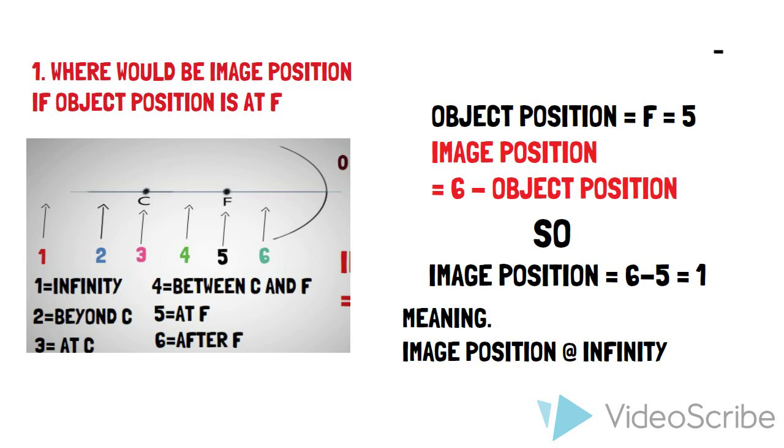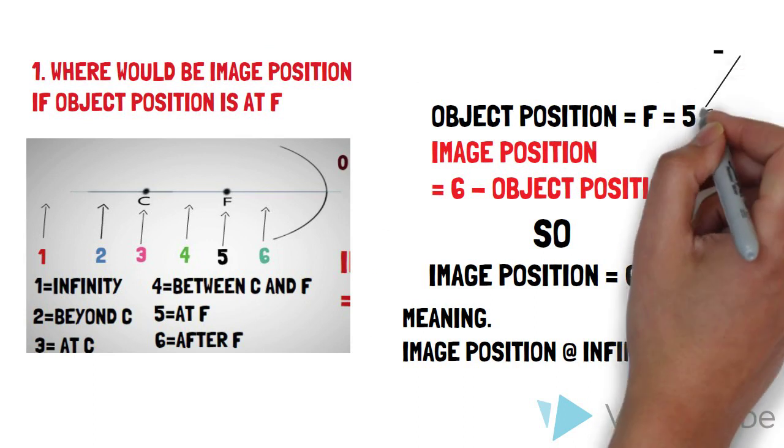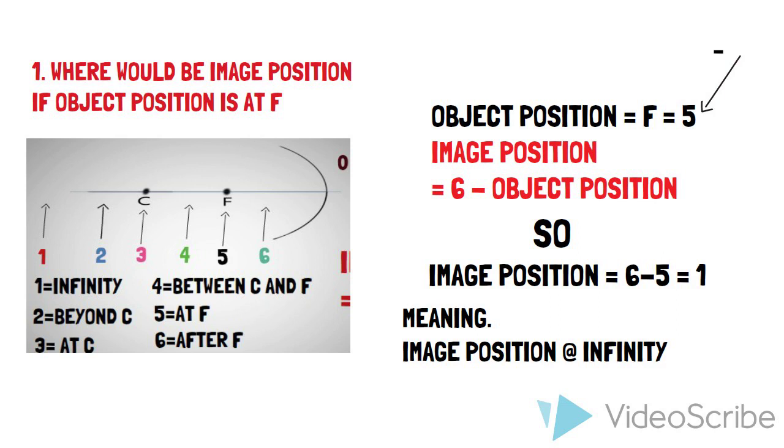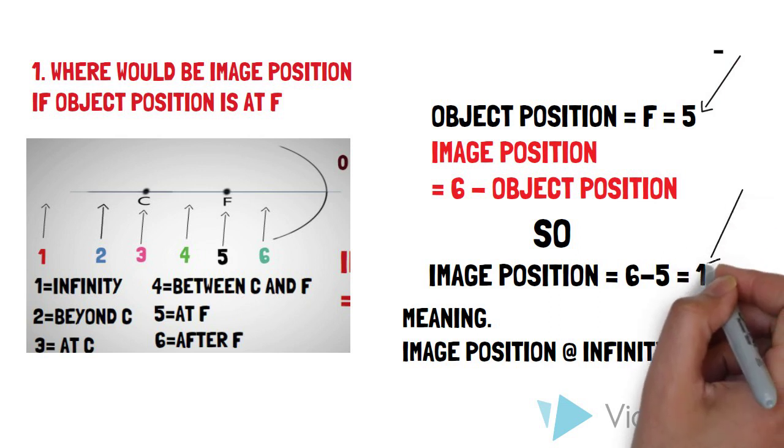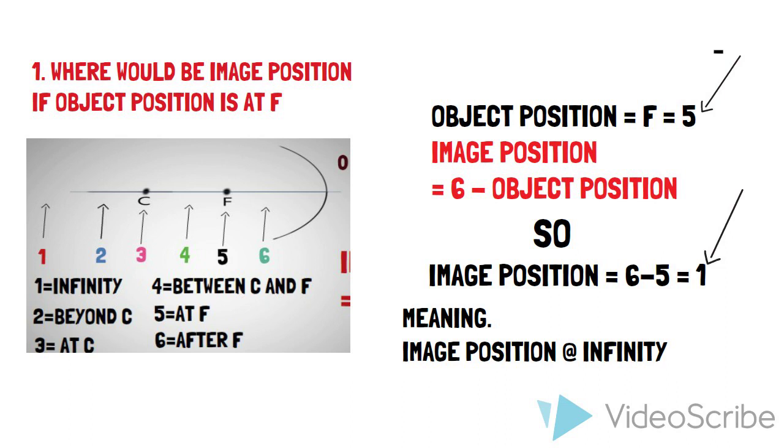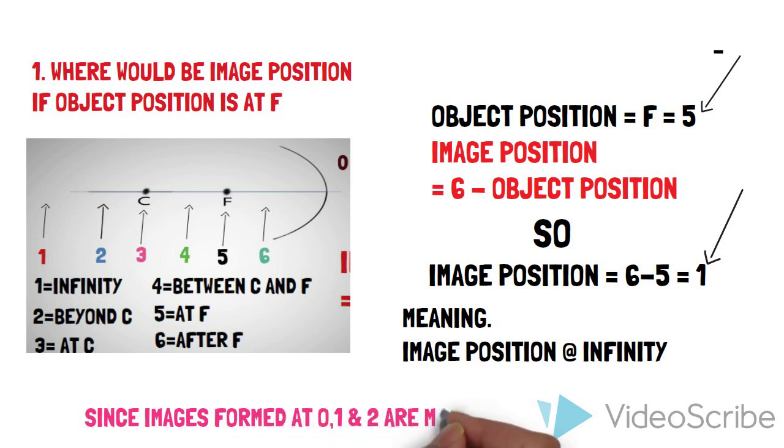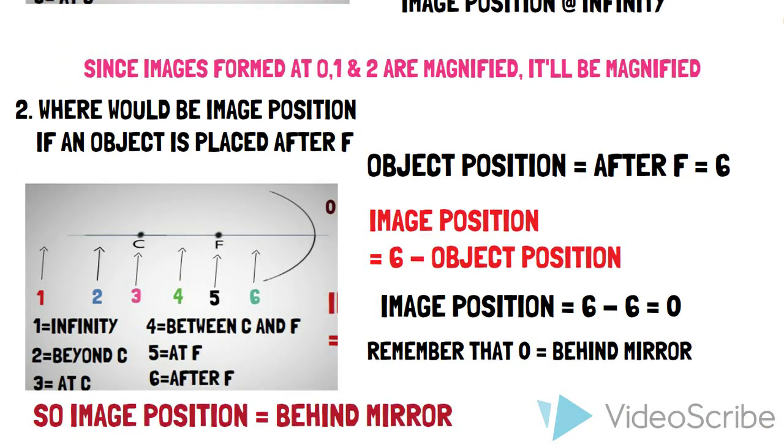Back in this question, we said the object was at focal point, and so then the image formed at infinity, which is 1. Remember that we said that images formed at 0, 1, and 2 are magnified. Since in this case the image is formed at 1, it then means that the image is magnified.